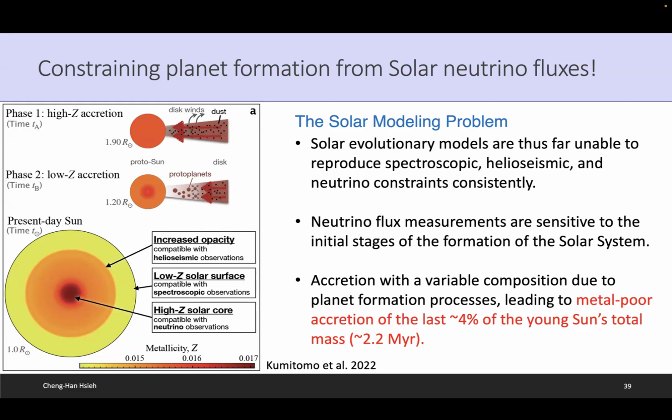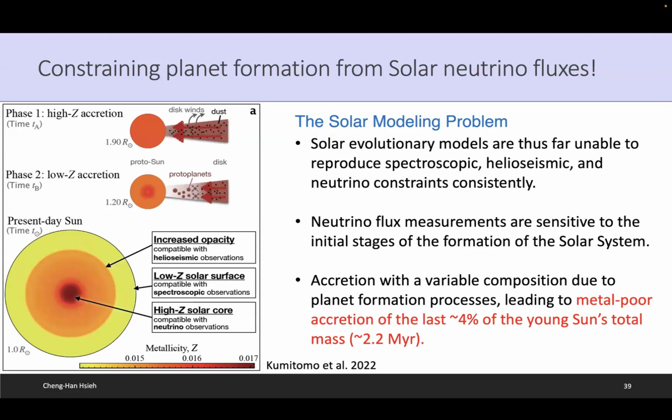This is known as the solar modeling problem, a well-known problem in the solar physics community. The problem is this: our Sun has a very metal-rich core, but a very low metallicity surface.